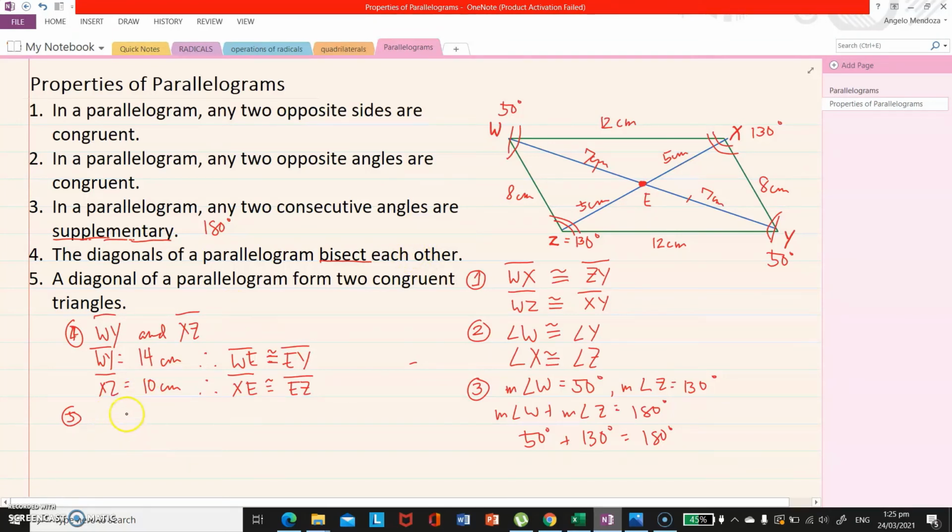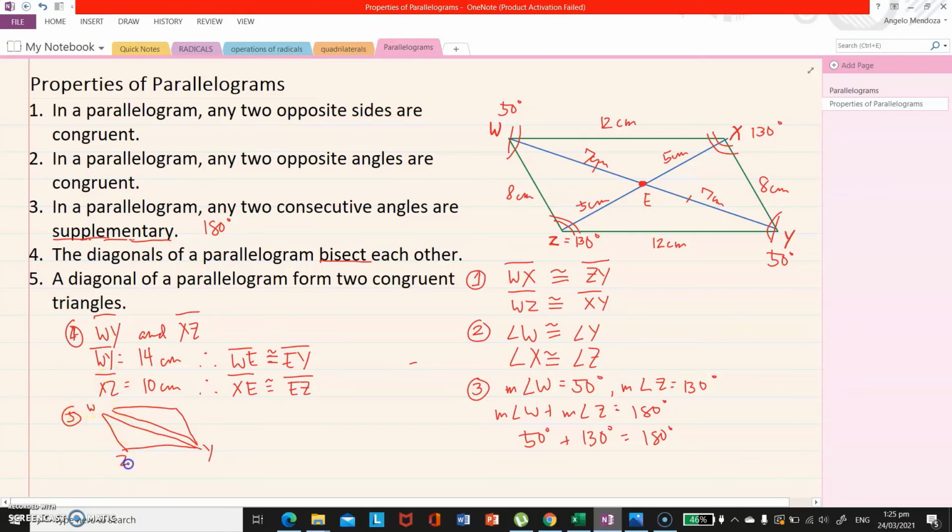So, if we're going to imagine, pag hinati natin yan, drawing lang natin dito. Ayan. Kung ito yung WY, mahati lang siya. Hatiin lang natin yung parallelogram into two triangles. Pasensya na kayo sa drawing. So, it will be two congruent triangles.